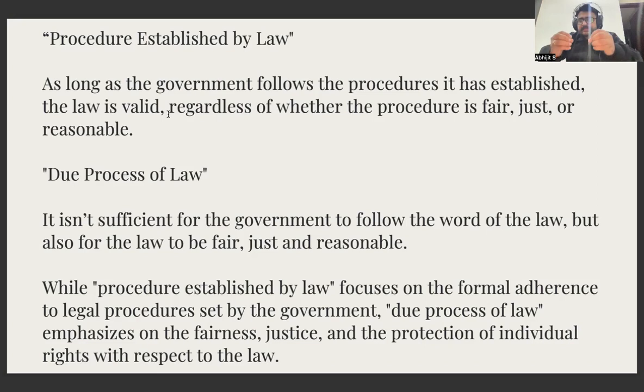Now, if you're to analyze these two doctrines, you'll realize that in the first case, if the parliament has enacted a particular law, then it does not matter what the law says. It doesn't matter if the law itself is fair, just, or reasonable, as long as the government follows to the T as to what is written.